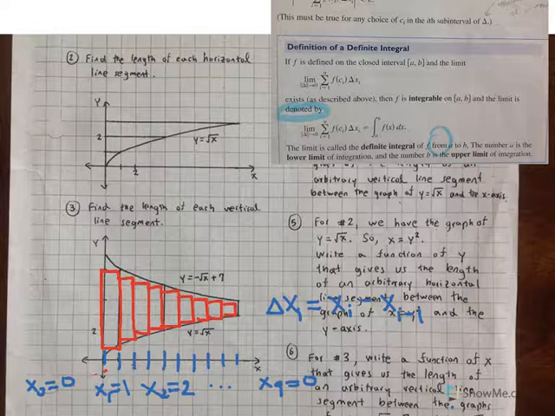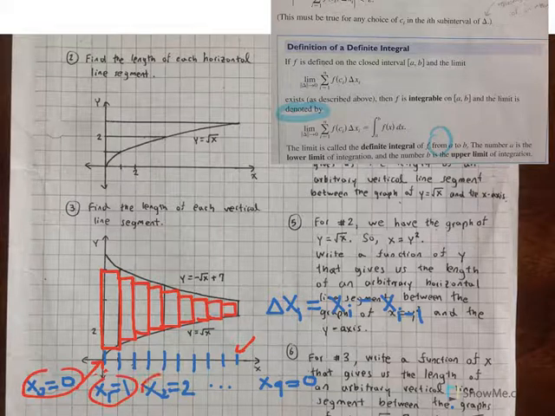First of all, we have our interval from x is equal to 0 to x is equal to 9. As you saw earlier, I divided this interval into 9 subintervals of equal widths. When I do that, this is called forming a partition, and these are my partition points. x sub 0 is 0, x sub 1 is 1, x sub 2 is 2, and so on until I get to x sub 9, which is 9.